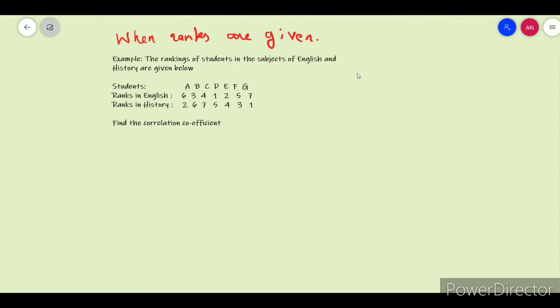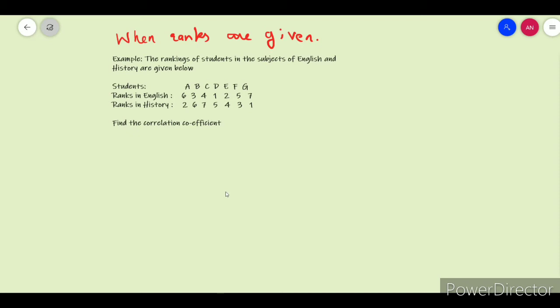We have students A, B, C, D, E, F, G, and these are the ranks in these two subjects, which means student A got the 6th rank in English, and he got the 2nd rank in history, and the same for the other students. So here we have to find the correlation coefficient.